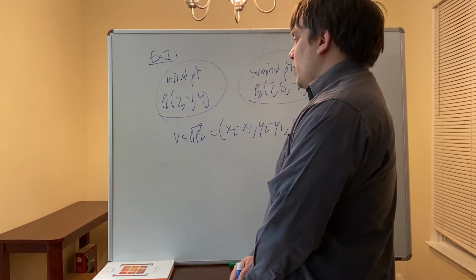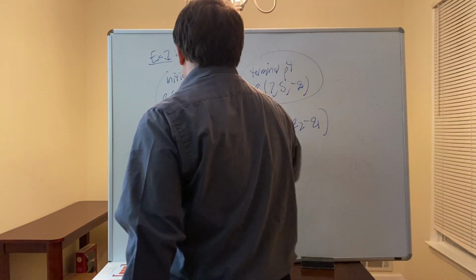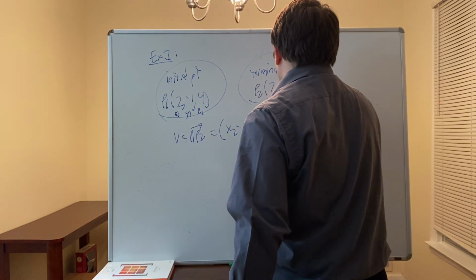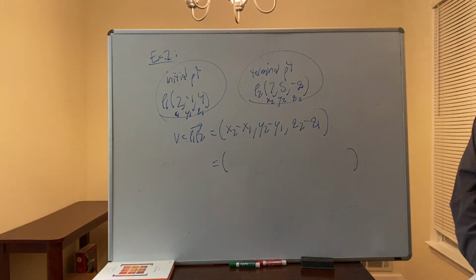All right, and so this is x1, this is y1, this is z1, this is x2, this is y2, and this is z2, right? And so the problems you most want to do are once you just plug things in.